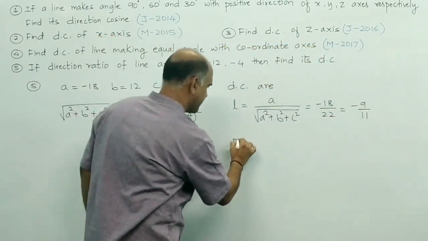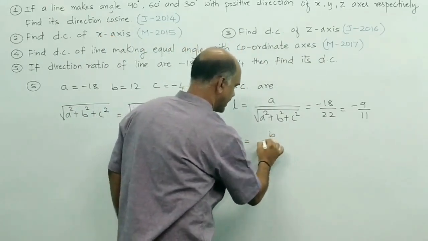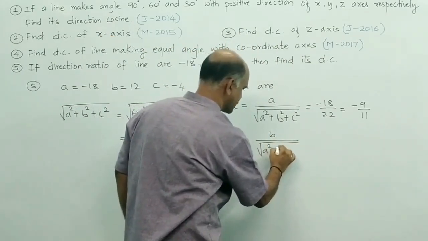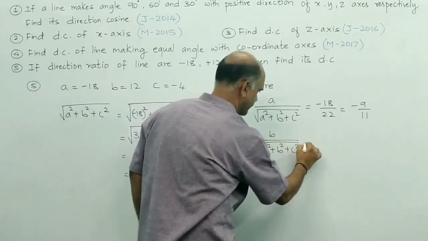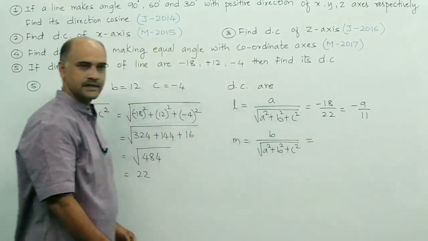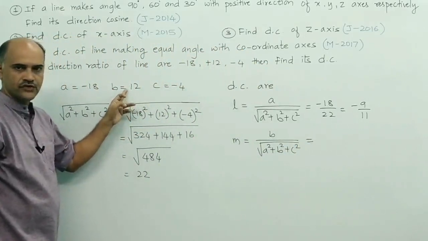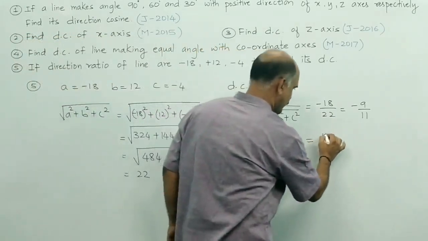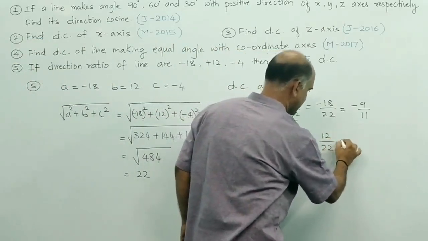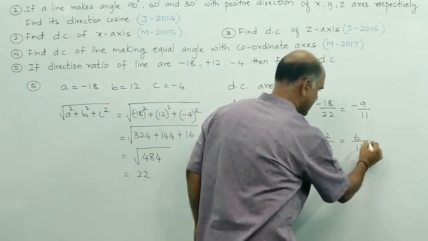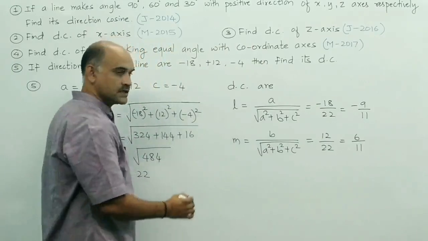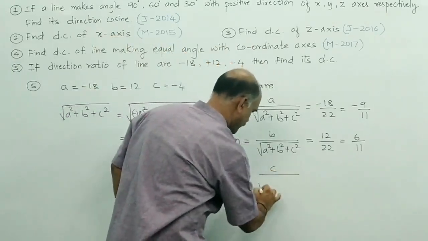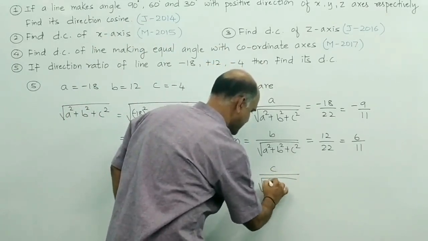Similarly, you take M. M is B by root of A square plus B square plus C square. B is how much? 12. 12 divided by 22, you will get 6 by 11. Third, if you take N, it is C by root of A square plus B square plus C square.